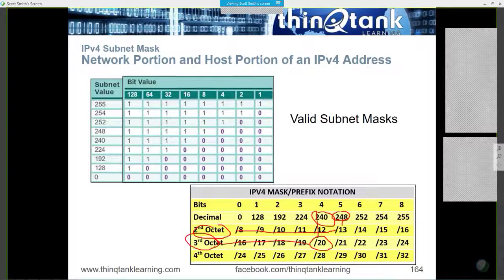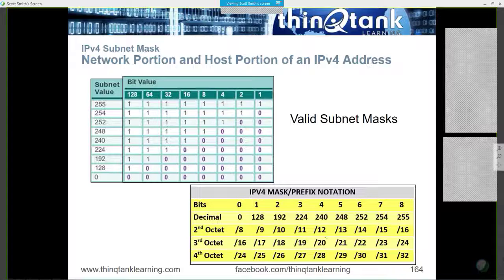Make sense? So you don't really have to know any of the math. Well, I'm going to teach you the math in case you can't recreate this. But this table is a quick cheat sheet on how to go from prefix notation to dotted decimal notation. This only applies to IPv4, by the way. We don't use dotted decimal notation in IPv6.